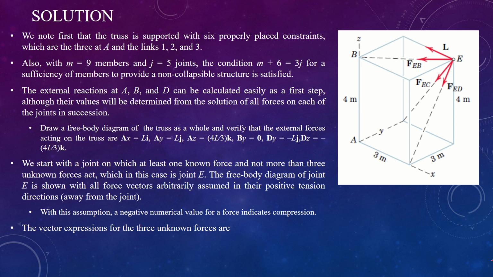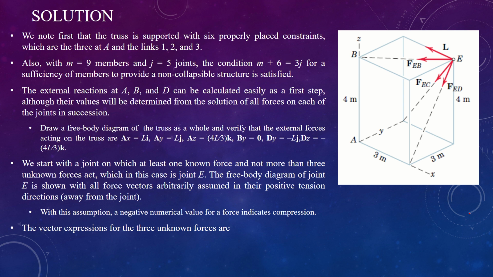Now from this free body diagram, we need to first find the projection of FEB, because we know we have the load L working, and then the component of L is projected on FEB, on FEC and on FED.